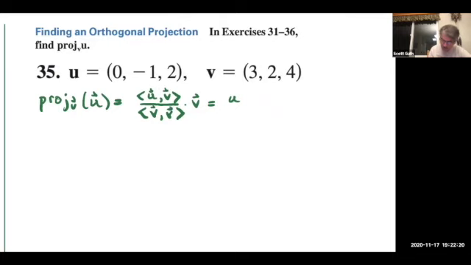So the dot product of U and V over the dot product of V and V. This is just alternate notation, times V.